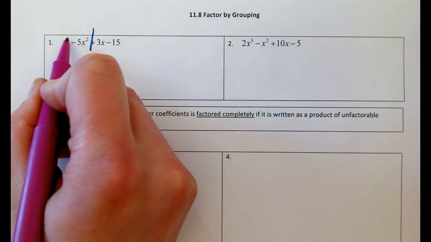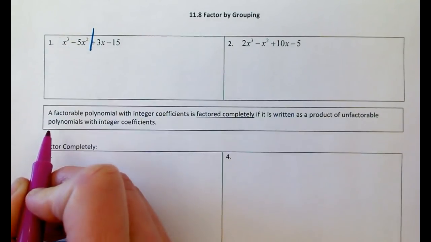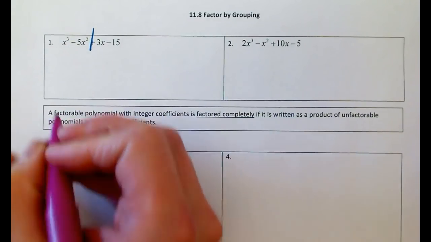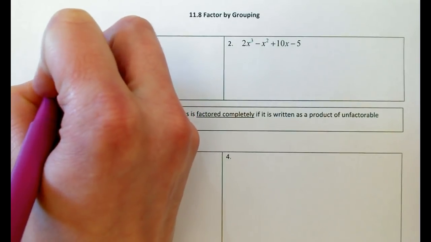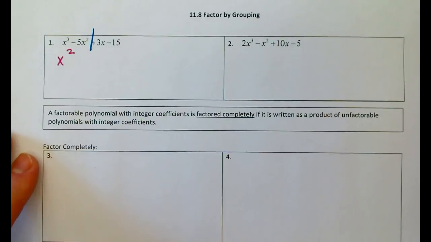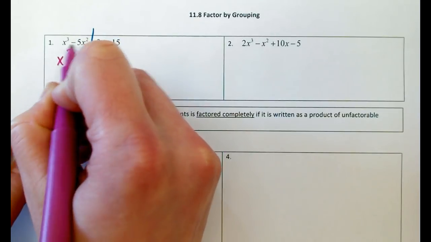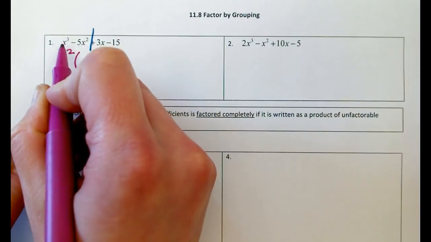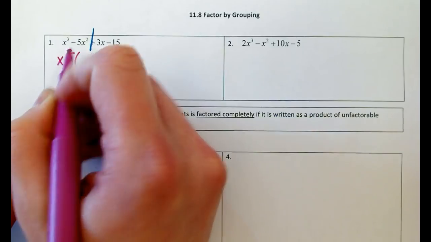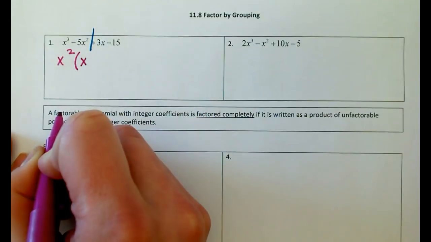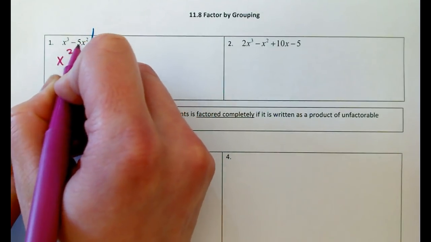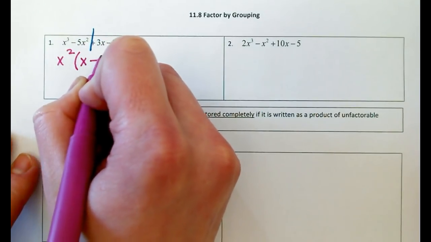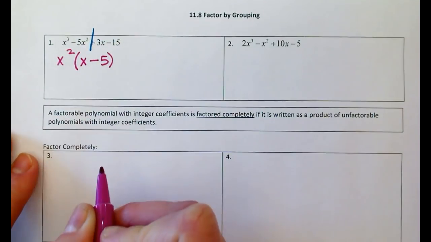Between x cubed and negative 5x squared, these terms have x squared in common. Next, I'm going to factor it out of those 2 terms. If I factor out an x squared from the first term, I'm left with x. And if I factor the x squared out of the second term, all I'm left with is minus 5.